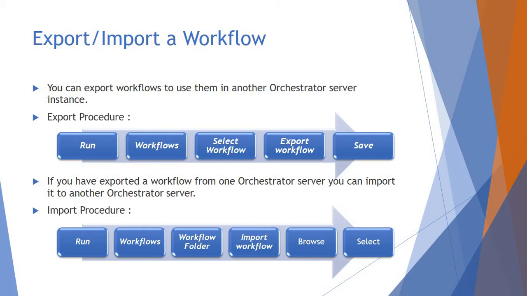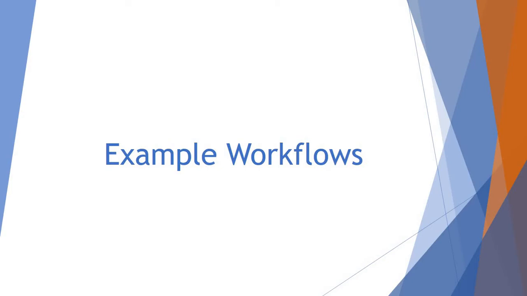Browse to locate the workflow you want to import and click Open. If the workflow already exists in the workflow library, a dialog box with version information appears. Note, you cannot import a workflow with an earlier version number than the version number of an existing workflow. The imported workflow appears in the workflow folder that you have selected.